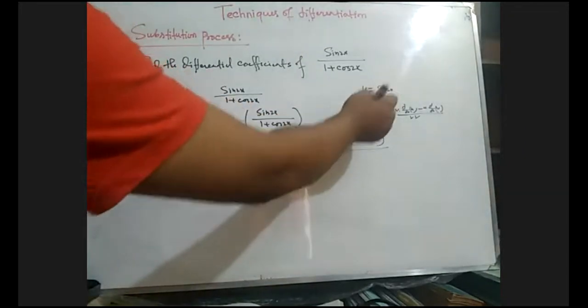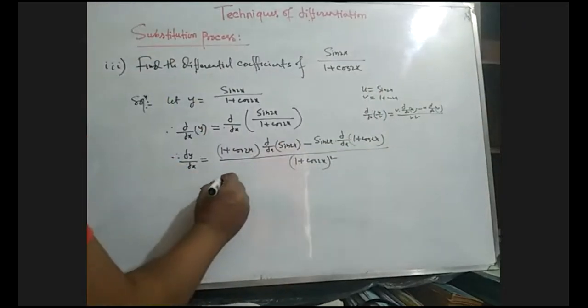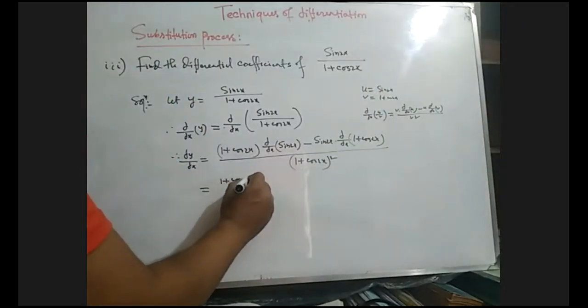Just putting u equals sin 2x and v equals 1 plus cos 2x, we get this line: 1 plus cos 2x.